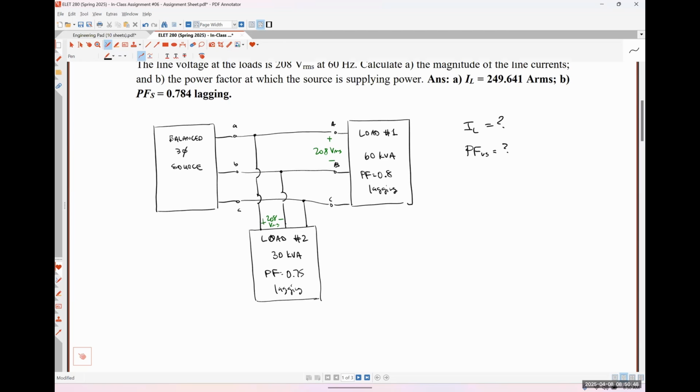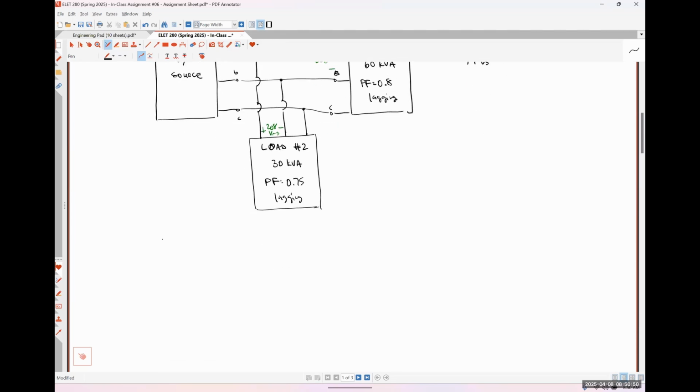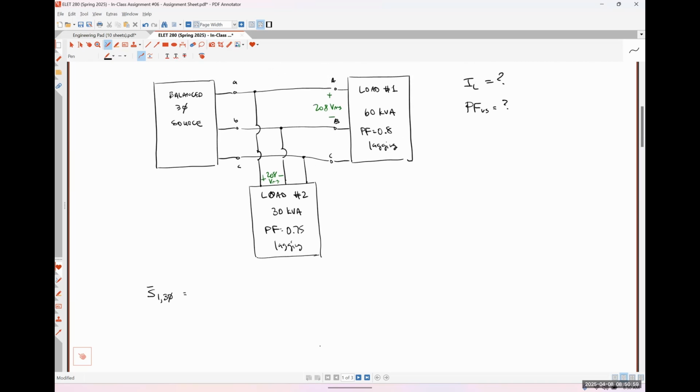So what is the complex power absorbed by load number one going to be? And if you need to go back into your notes from when we were dealing with single phase systems to remember how to do this, go nuts.